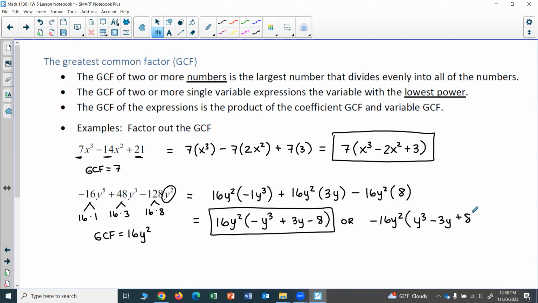So it switched all the signs inside of the parentheses. And these are both valid answers for pulling out the greatest common factor. Now, again, if you wanted to double check, you would distribute that GCF and make sure that you get to your original expression.